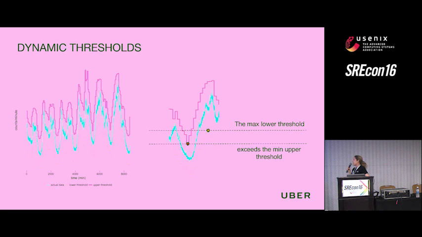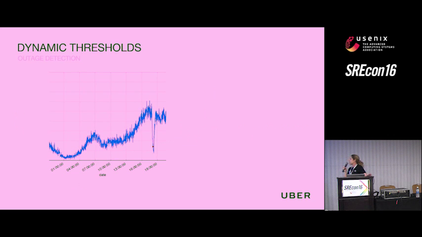This means that we greatly reduce the noise and we're super sensitive to any issues that might be occurring, even if the metric is increasing in volume over time. And another thing static thresholds cannot capture is that the maximum lower threshold can actually exceed the minimum upper threshold just a couple of hours after the fact. And this system works.